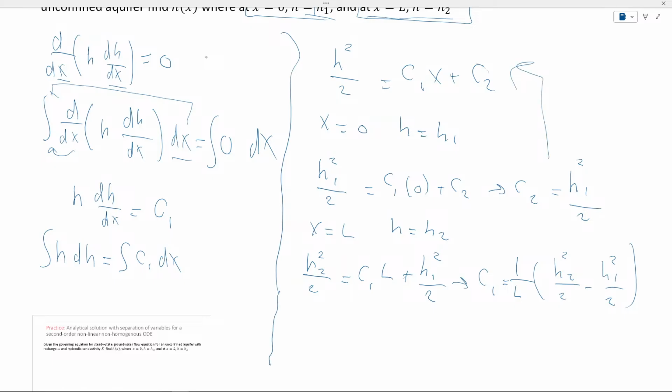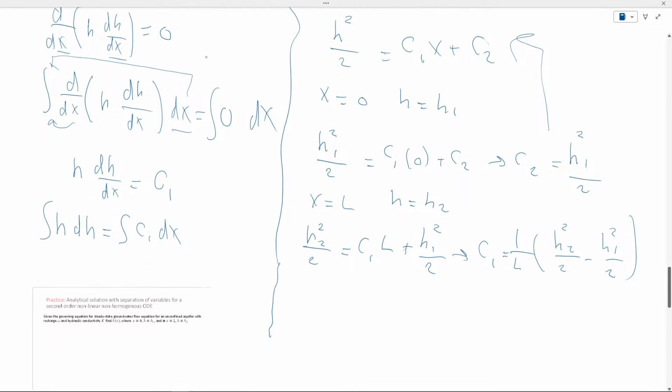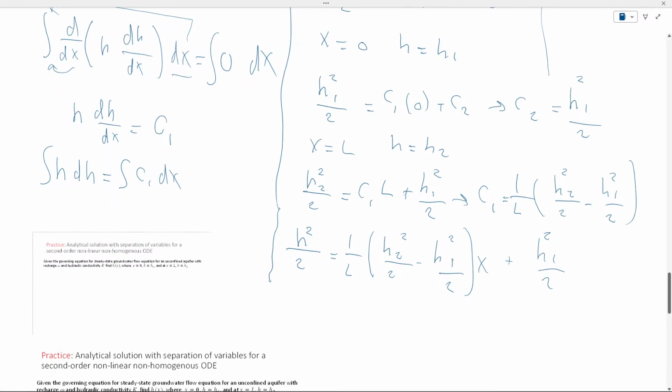So what do I get here? I get h squared over 2 equal to 1 over L times h2 squared over 2 minus h1 squared over 2, times x, plus c2, which is h1 squared over 2. So I got something that looks like this here.